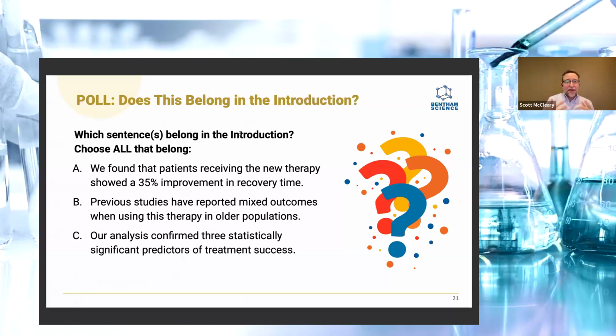So it's answering the research question for us without setting it up. We want to get the reader enticed and intrigued, right? So save for the results, as Gareth said earlier. C, again, is another results statement, the three significant predictors of treatment success. Again, save the results for the results.